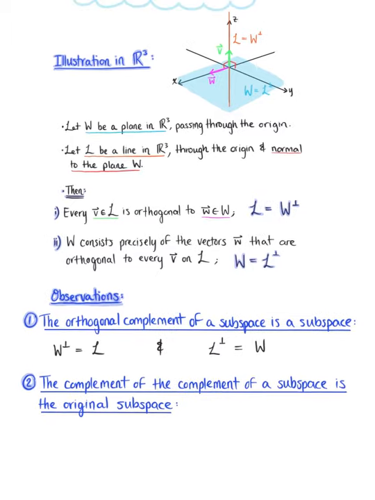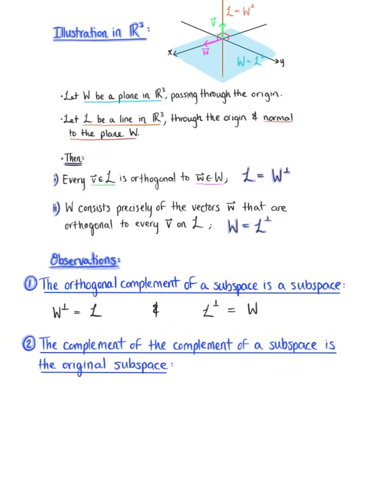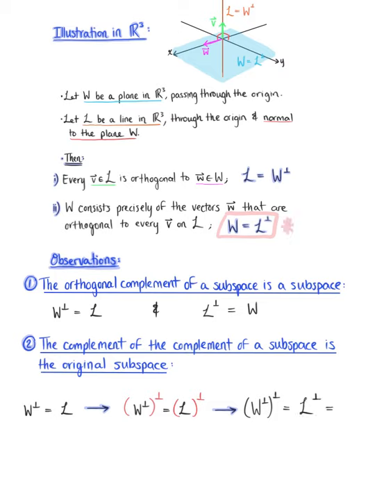Now, to better help us appreciate this second property, let's start by thinking about how we know now that the complement of W is equal to subspace L. Now, if we take the complement of both sides of this equation and use the conclusions from our illustration up above, we observe that the complement of the complement of W is equal to the complement of subspace L, which we know is equal to subspace W. So we can see here that the complement of the complement of a subspace equals the original subspace.